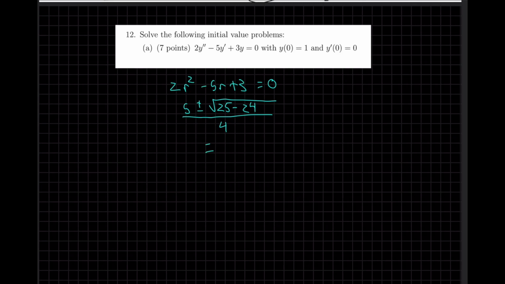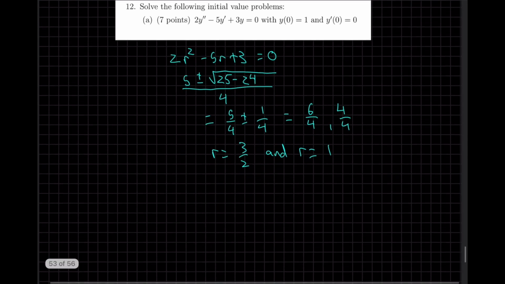And this gives us 5 over 4 plus or minus 1 over 4, which is equal to 6 over 4 and 4 over 4. So r equals 3/2 and r equals 1.